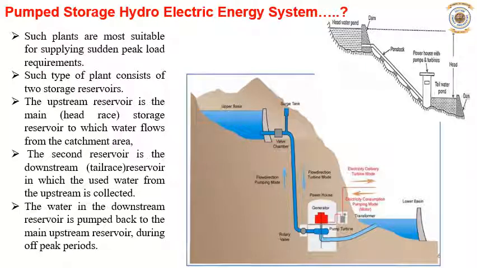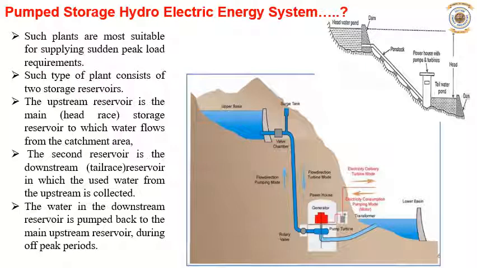In this field, the use of a reversible turbine pump unit is also worth noting. So here we can use a reversible turbine pump. These units can be used as a turbine while generating power, and act as a pump while pumping the water to storage. The generator in this case works as a motor during reverse operation.